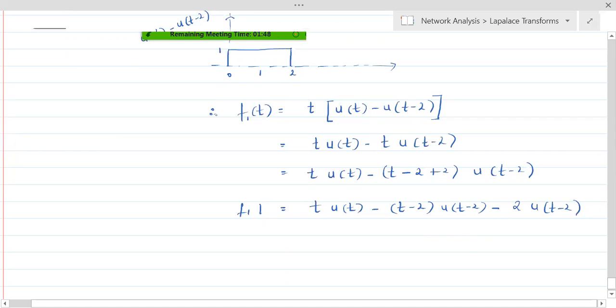That is f1 of t. Therefore the Laplace transform implies what? You see that and get me f1 of s.